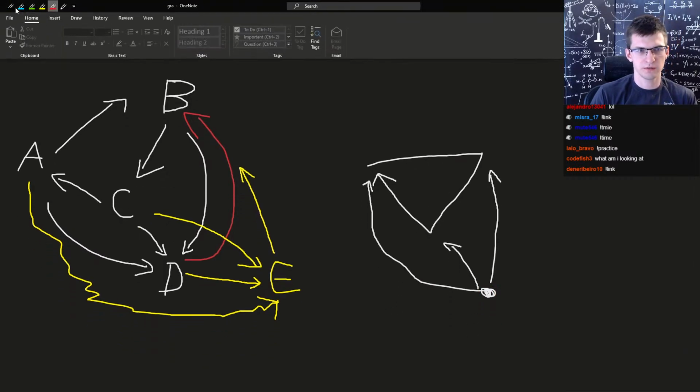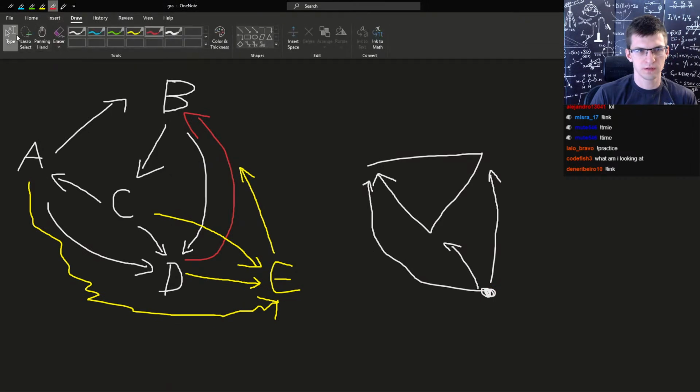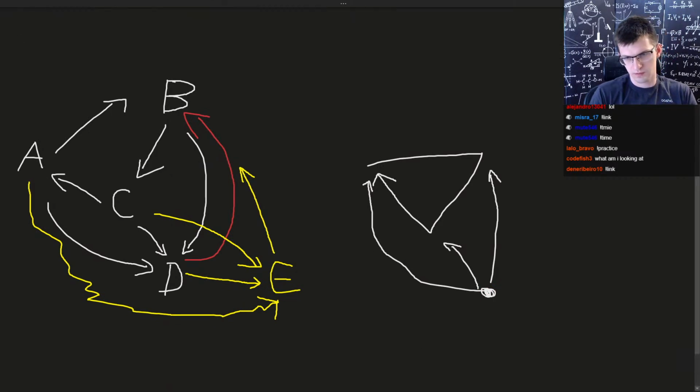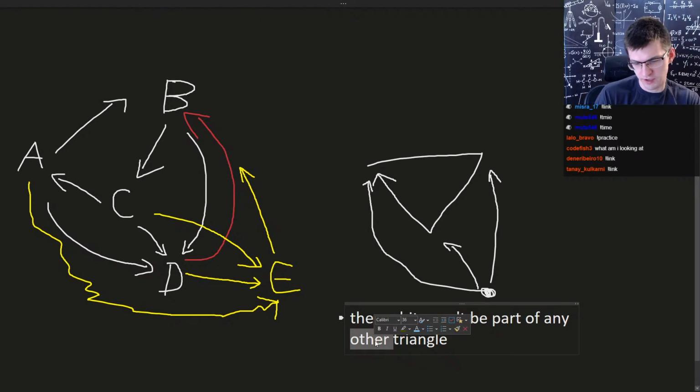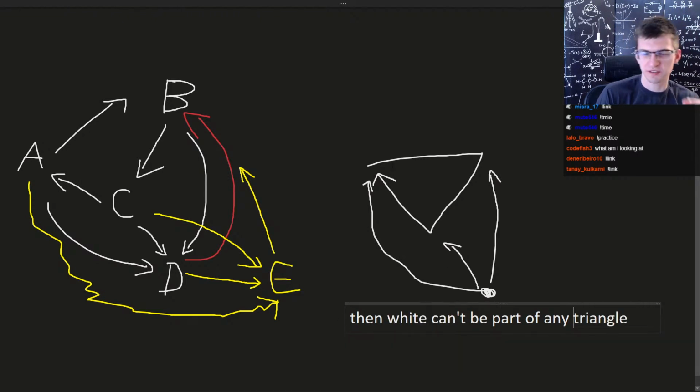I will write it down. Then this white fourth vertex can't be part of any other triangle. Or just can't be part of any triangle, not other, because it isn't part of this triangle.